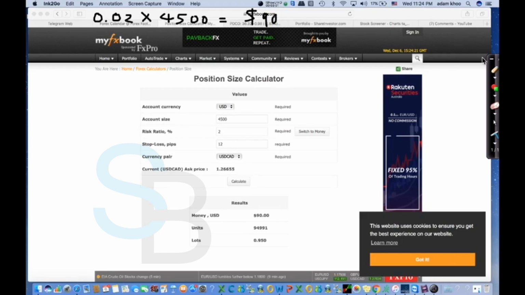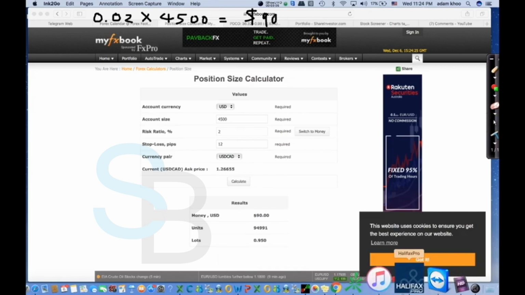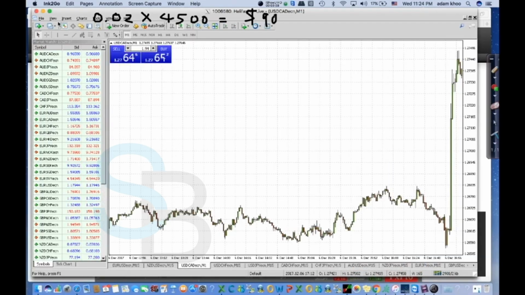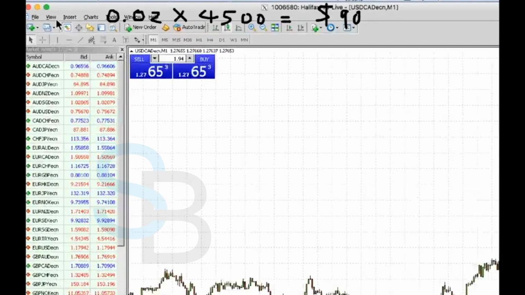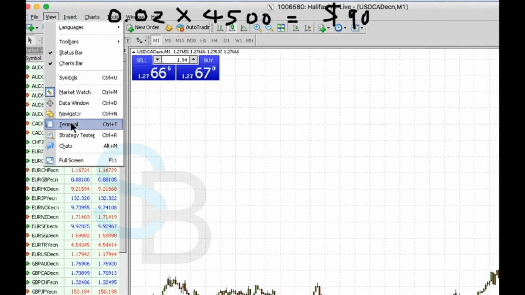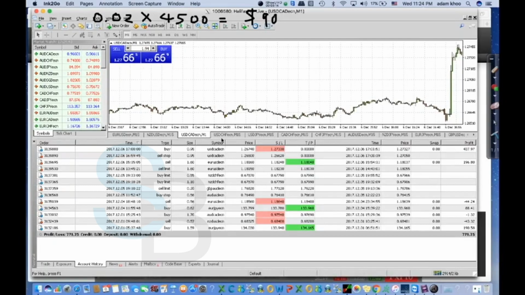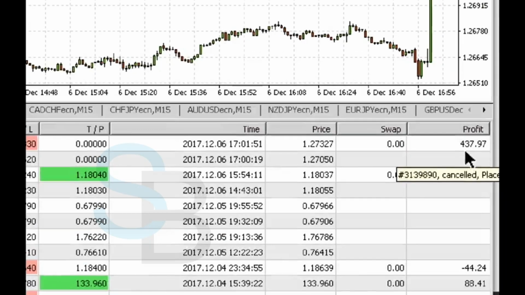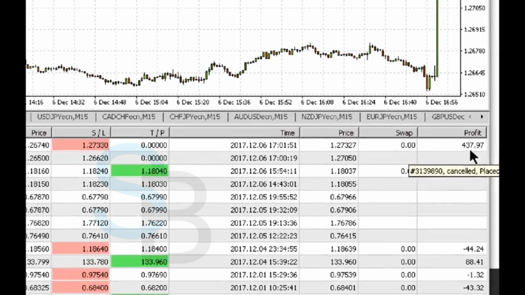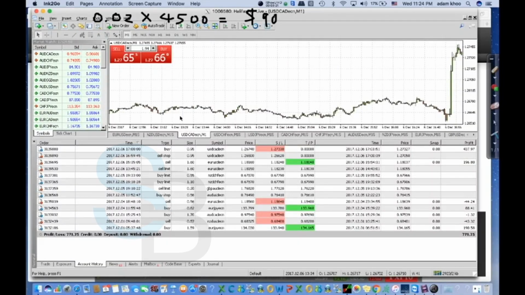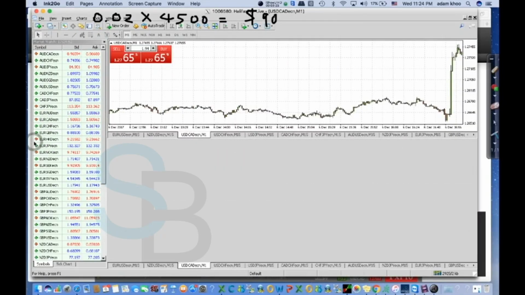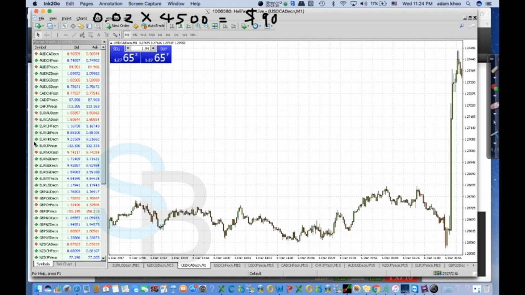Okay, so at the end of the day, I made, let me just check it out. How much did I make? So I'm going to go to terminal, view, terminal. Okay, so I made $437, or well, round it to 438. So I made 438 divided by $90.